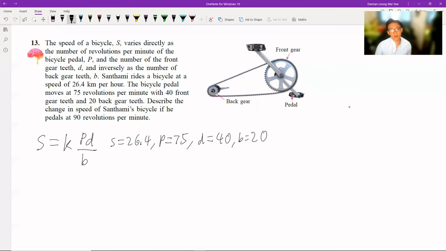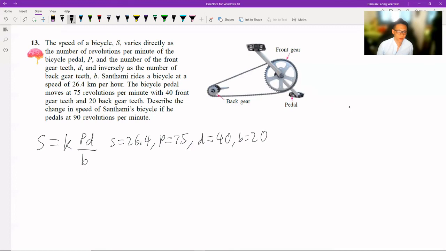So the back gear teeth and front gear teeth should not change. What he changed is only how much he pedals, so that will change the speed as well.